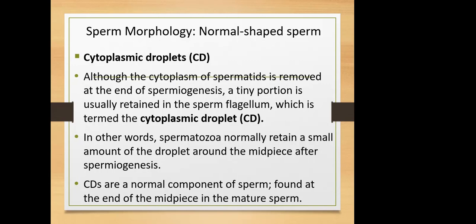Now, I left something out yesterday, and we are going to try to use it as we explain the cytoplasmic droplets. In the process, we said that the Sertoli cell will phagocytose something, the residual bodies. But something should happen before the phagocytosis will take place.